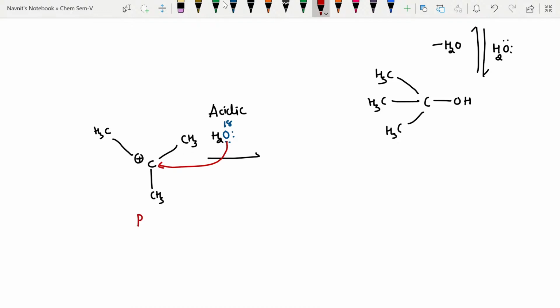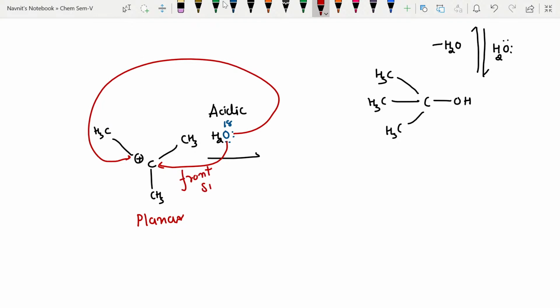Now, as I said earlier, this carbocation is planar. So this water molecule can attack from the front side or from the back side. This is a front side attack, and this is a back side attack. But here you get the same product, because this carbon is not chiral.